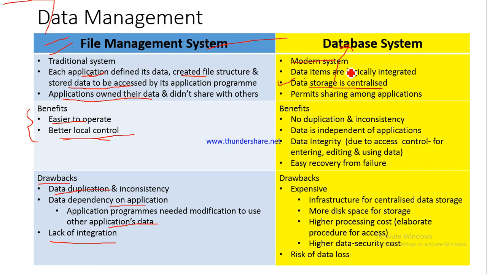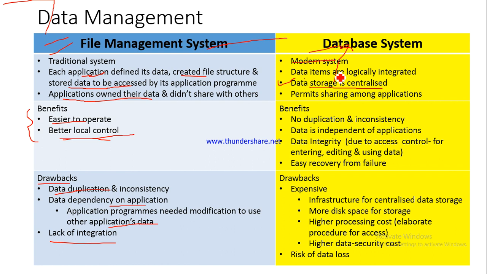So all this information would be centralized, and this central database, this central storage would be known as the database, right? Now this is the modern system, and the data items would be integrated in a logical fashion. They would make sense. This is how they are going to be integrated.